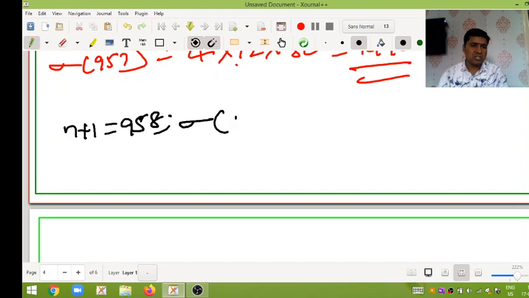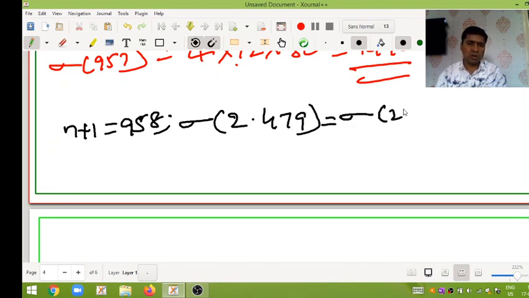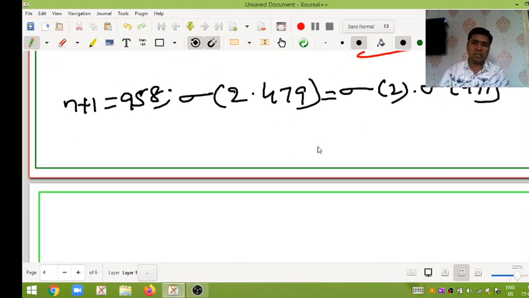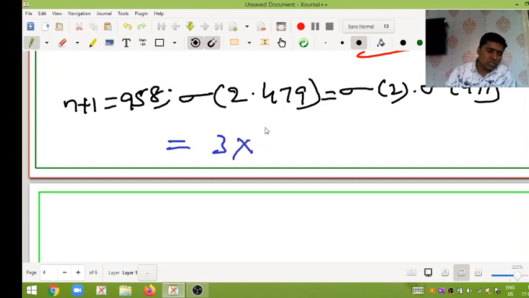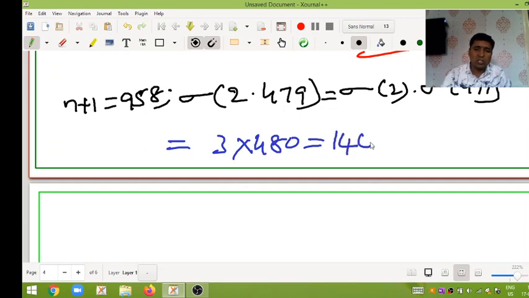That implies sigma of 958. 958 you should convert into prime factorization, this is nothing but 2 into 479. This is equal to sigma of 2 into sigma of 479. Okay, my dear students, sigma 2 value is 3 into sigma 479 value 480. This value is nothing but 1440.